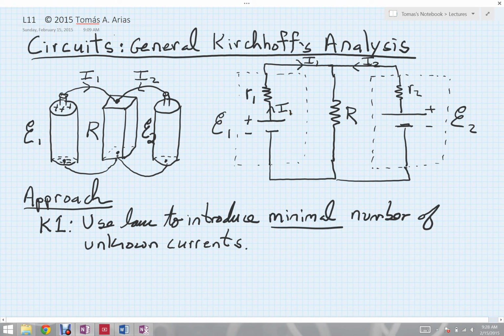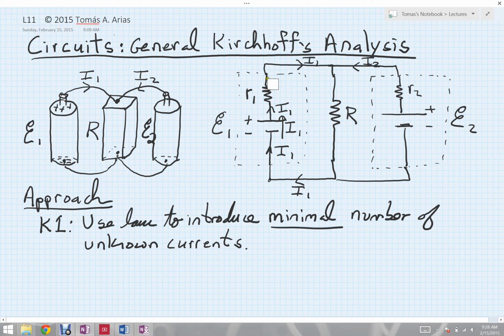That must match the current flowing across the battery. By applying the junction rule to this point here, the current I1 flowing along this branch coming down below into this junction matches current I1, which must be flowing up through this battery.